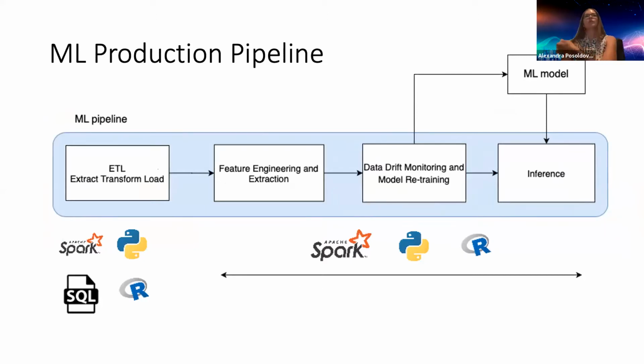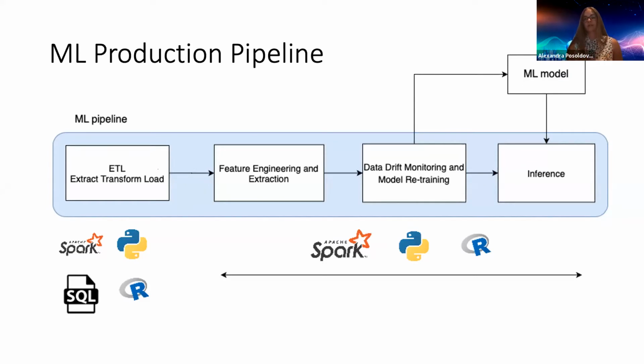Now moving to production, you would create a machine learning production pipeline, which has the extract, transform, load step that can be done using Spark, Python, R, or SQL. I'm sure there are other ways to do it, but these are probably the most common ones. Then you have the feature extraction and feature engineering, monitoring for data drift.